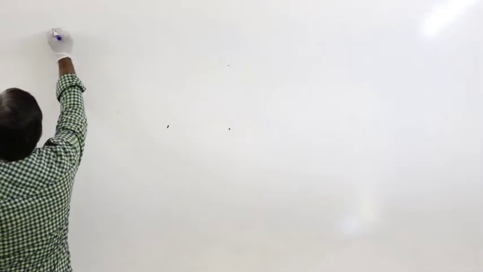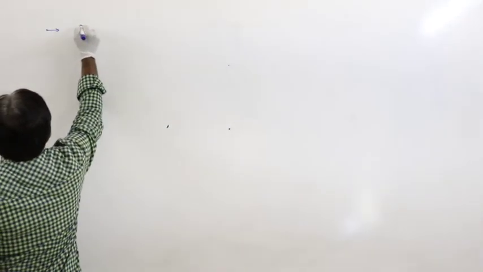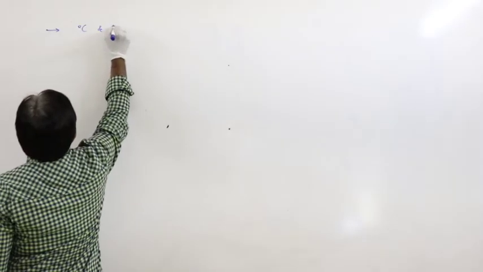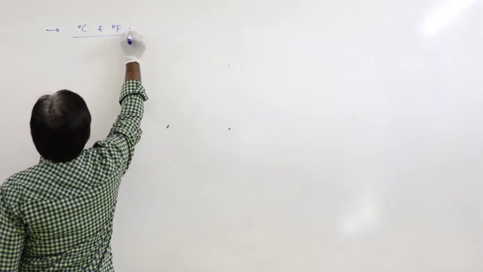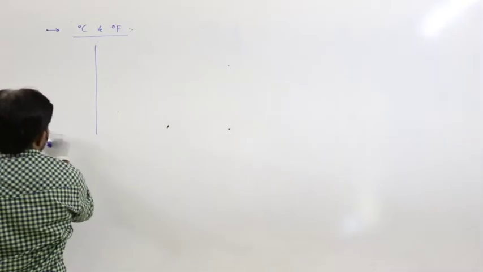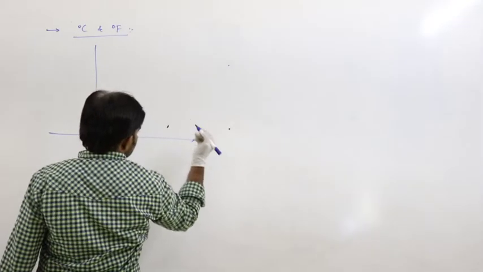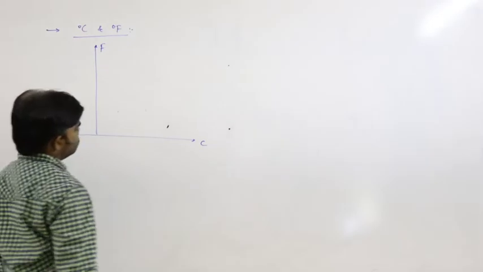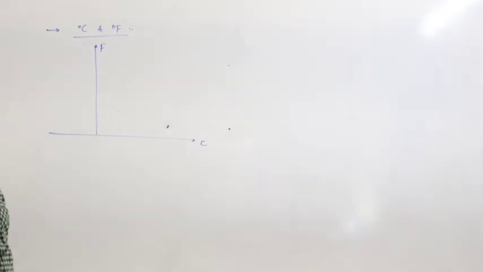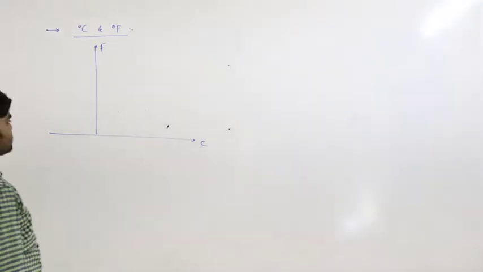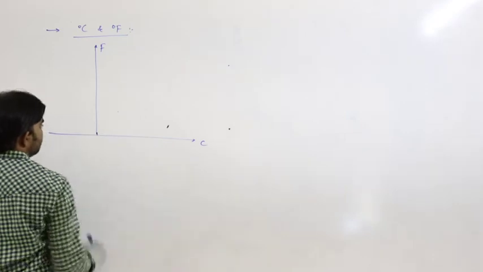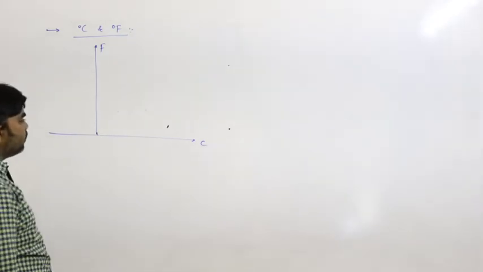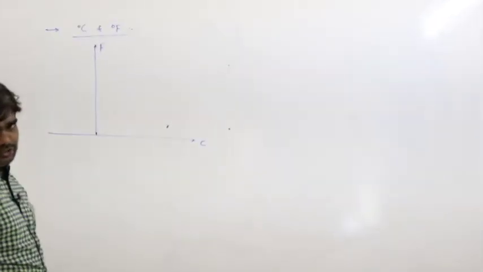If we draw the graph between Celsius and Fahrenheit thermometer, Celsius scale is along the x-axis and Fahrenheit scale is along the y-axis. Now what is the representation?